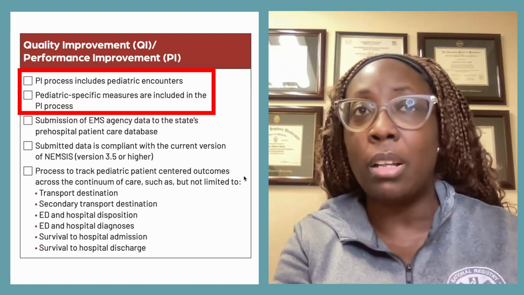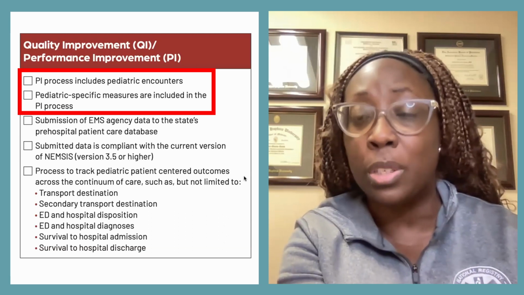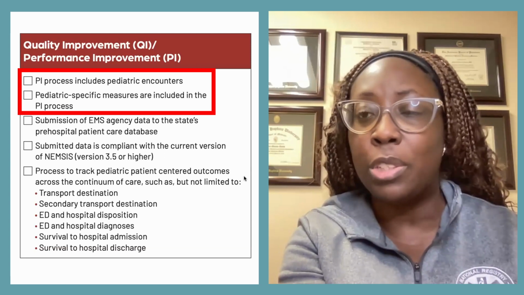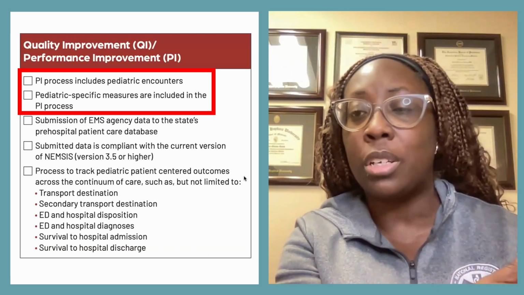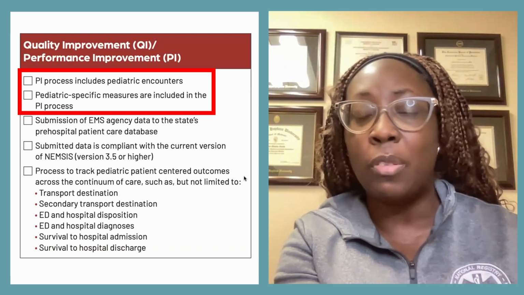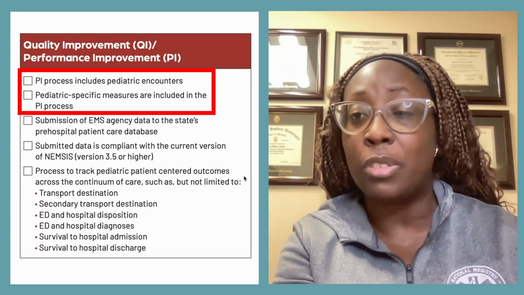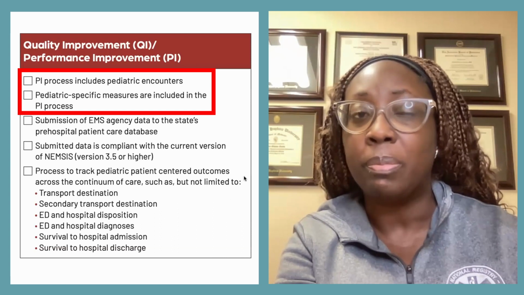We don't get a lot of pediatric cases overall, but we'll address those in real time, and the ones we want to delve into further, we'll take to our QI meeting. And then secondly, with our pediatric care bundles, we delve into the measurement of the PI process for certain pathologies or certain chief complaints of pediatric patients.